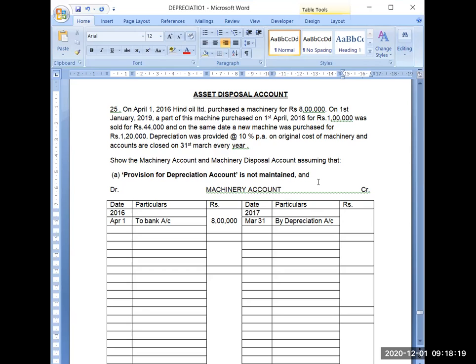So the depreciation for 1 year will be 80,000. We will total the debit side first, then we will write it here.